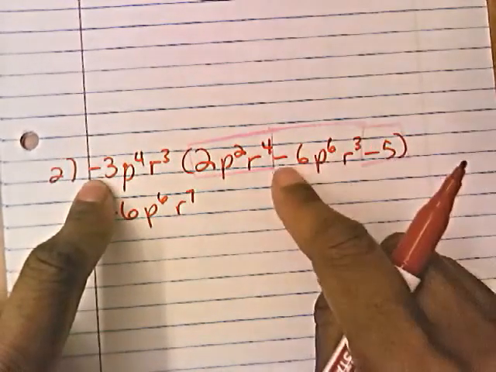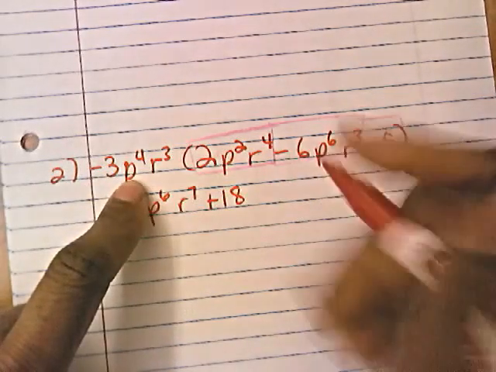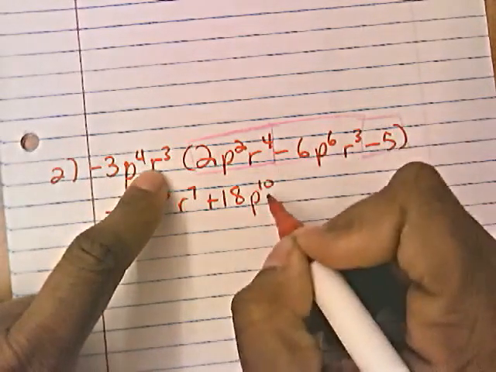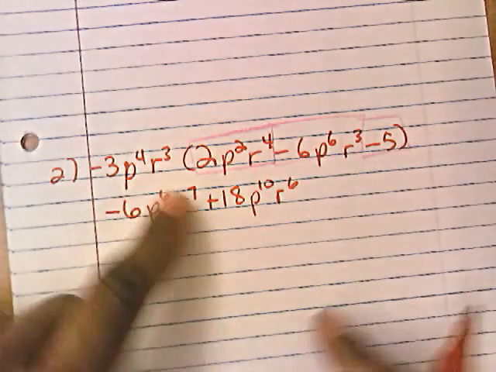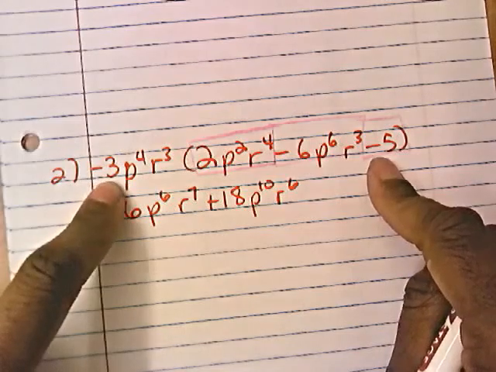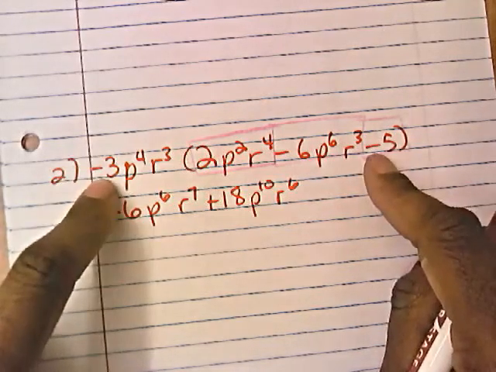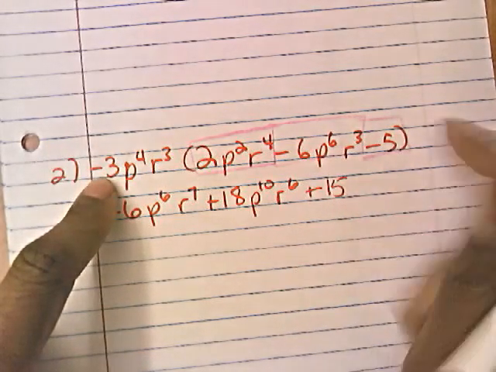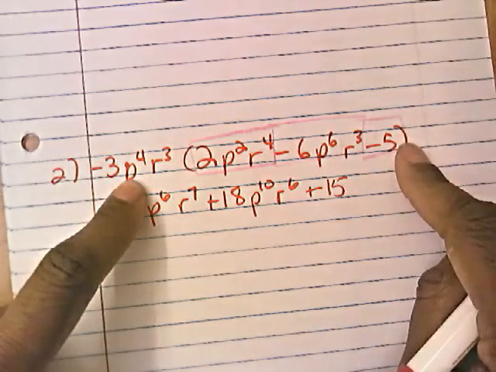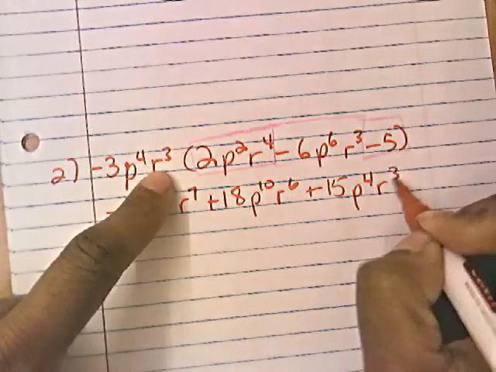Negative 3, negative 6 is a positive 18. P4, P6 is P10. R3 and R3 is R6. I wait. I don't write plus or minus down just because there's a minus there. I wait to figure it out. Negative 3 and negative 5 is a positive 15. Even though there's nothing out here, I've got that P4 and that R3.